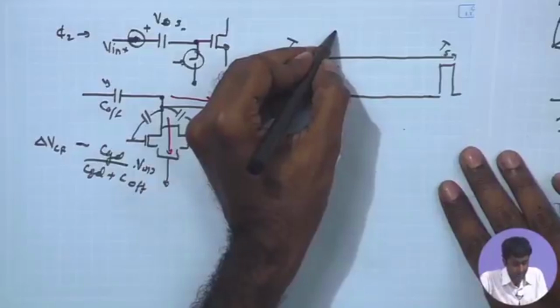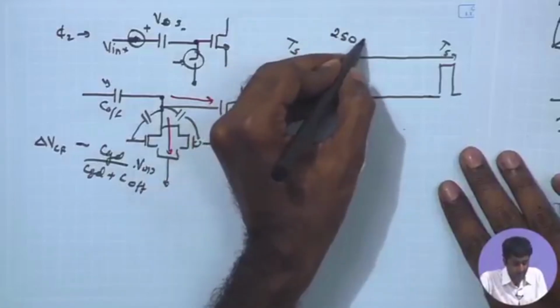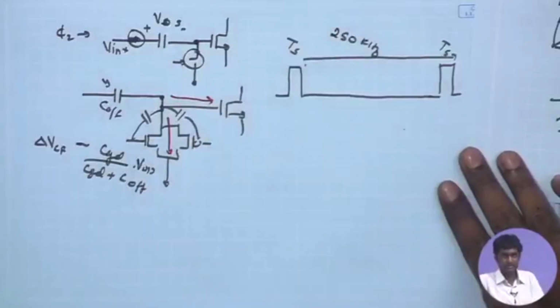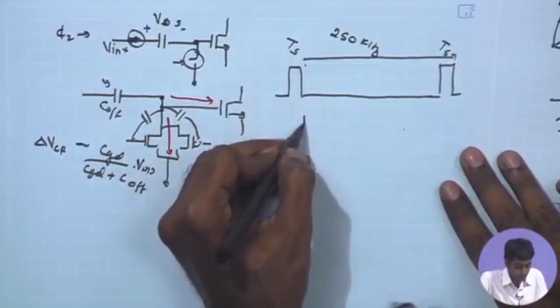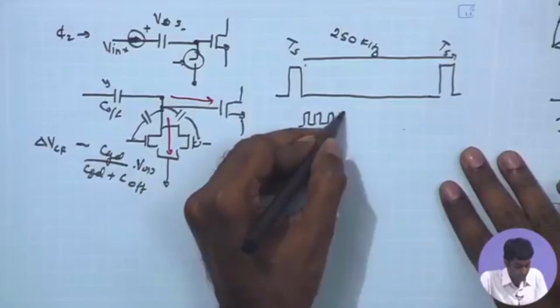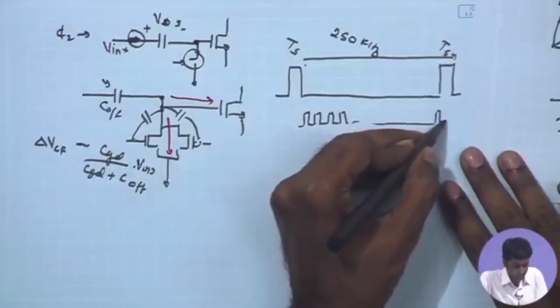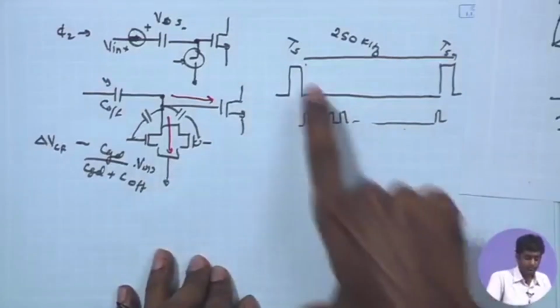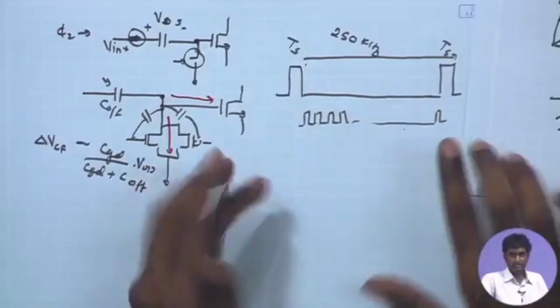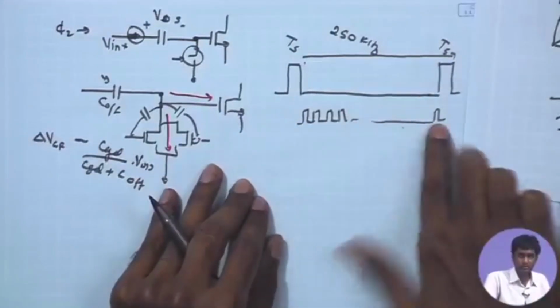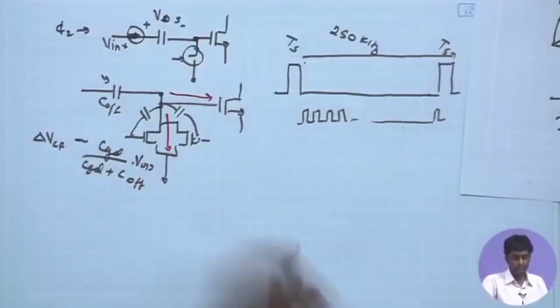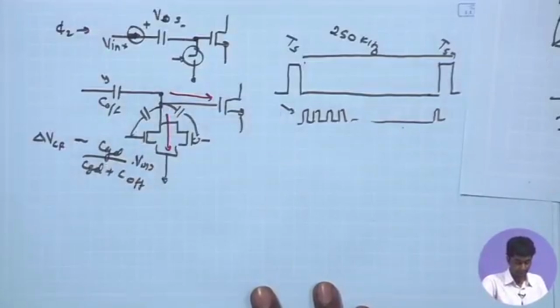We discussed the sampling frequency was around 250 kilohertz for 7-bit digitization. So, the clock is going to have at least 127 pulses between the two rising edges, that is going to give us 127 levels or 7-bit quantization. That was the design decision that we made in the beginning.